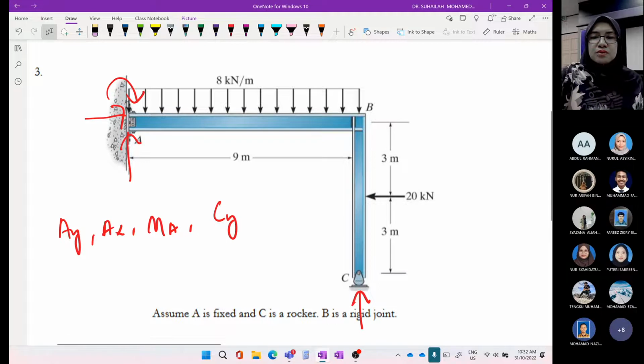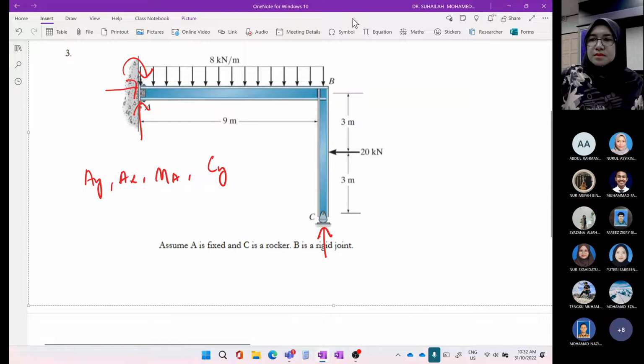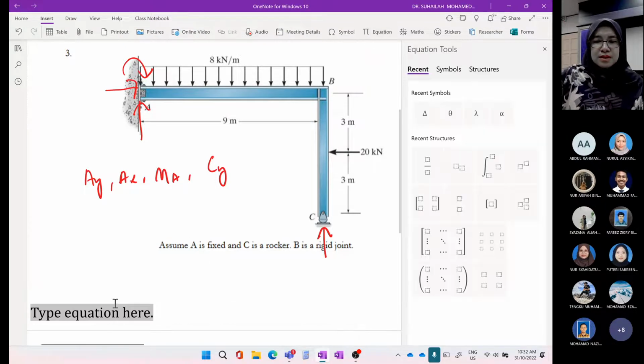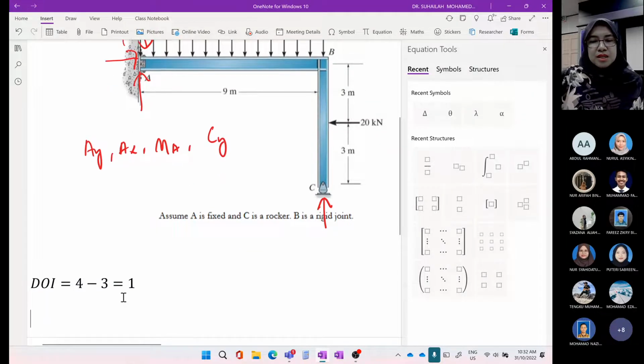Okay, so we start with DOI, which is equal to 4 minus 3, which is equal to 1.